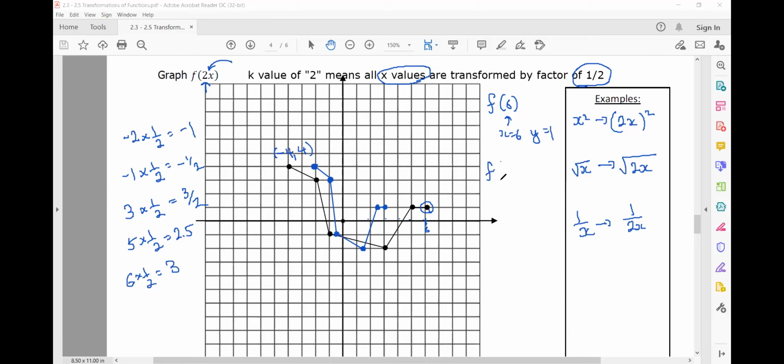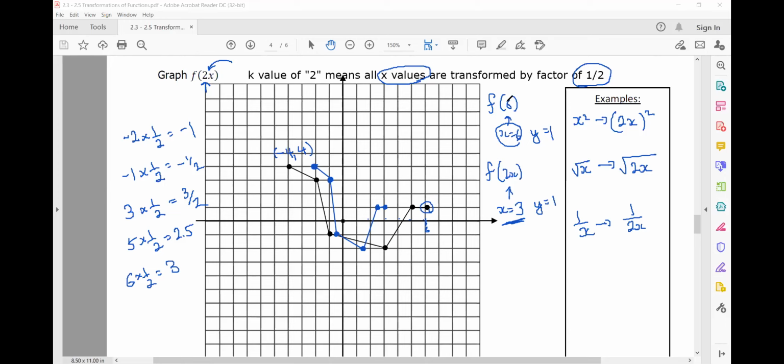But now the function has become 2x. What does x have to be for the entire 2x to equal the same as 6? If you want 2x to equal a 6, x has to be a 3. Long story short, when x equals a 3, it's as if x is a 6 in the original function, y becomes 1. That is why when x is a 3, y becomes a 1. So this is the idea behind the transformation and why it looks like it's doing the exact opposite.